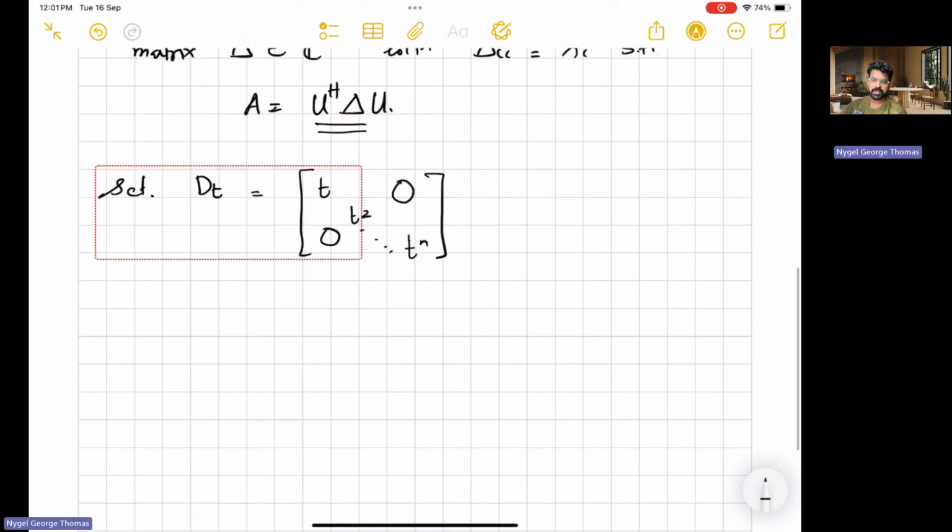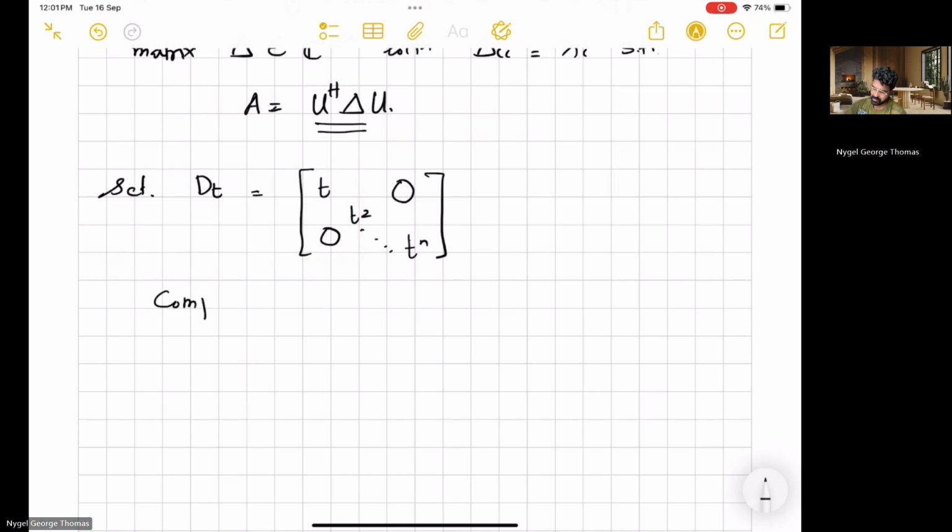How do we specify t? We'll look at it later. Now let's compute Dt triangle Dt inverse.